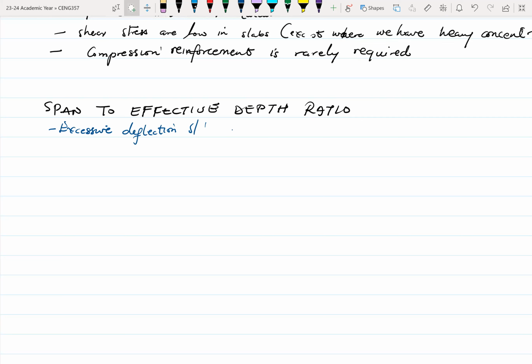They can damage, for example, the ceiling. They can damage floor finishes.